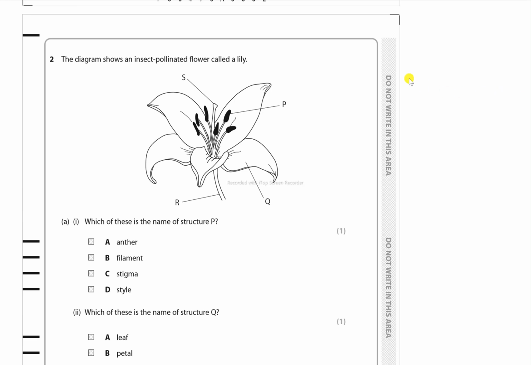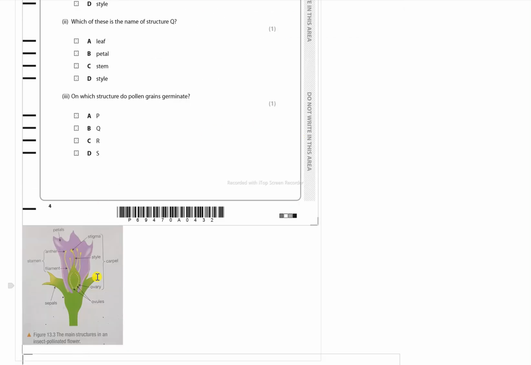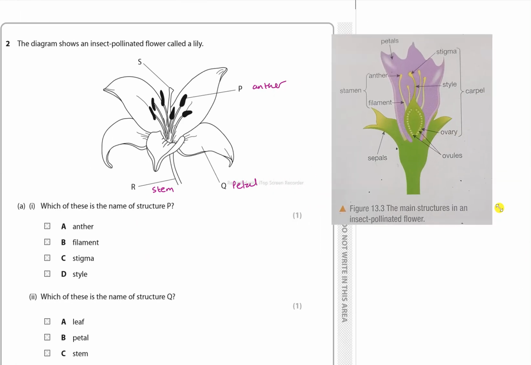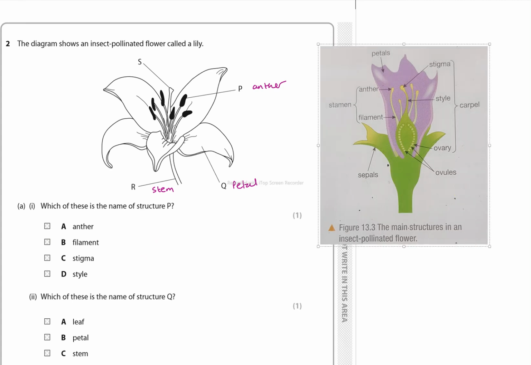Right, you've got your, P is the anther, that is the petal, that's your flower stem really. So this is the structure.